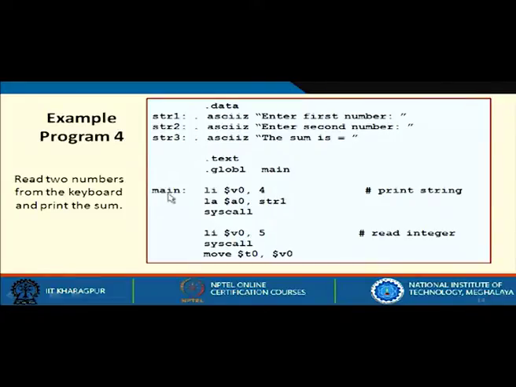The execution starts from main in the .text section, .global main. We load 4 in V0, which is the value to print a string, and in the argument we load that particular string, load address of str1, into A0, and then we do a syscall.